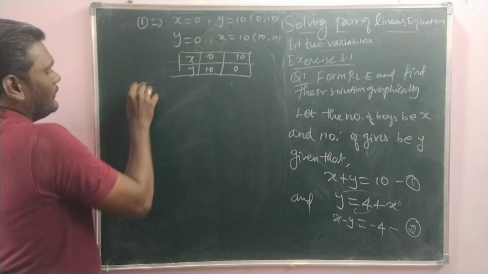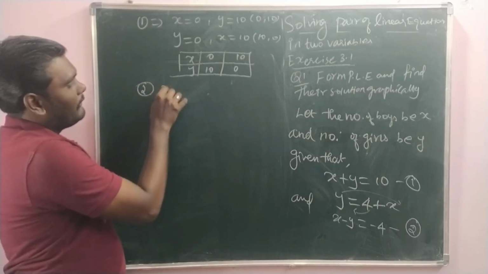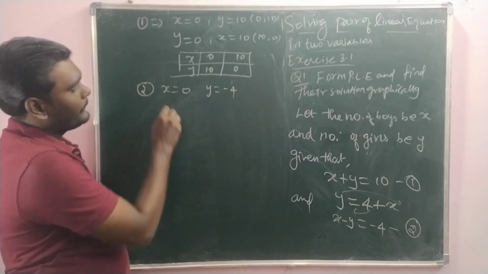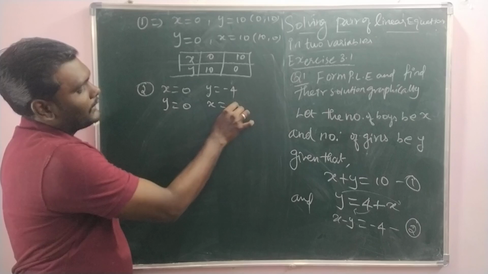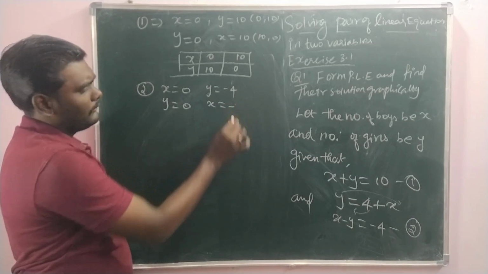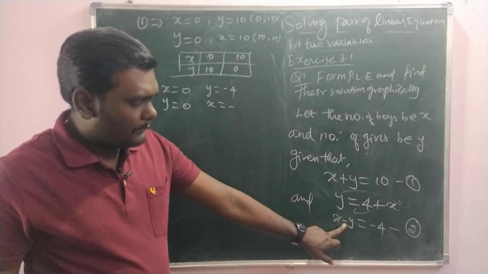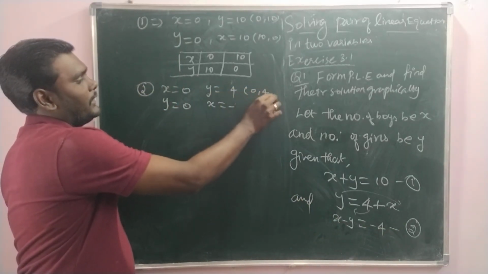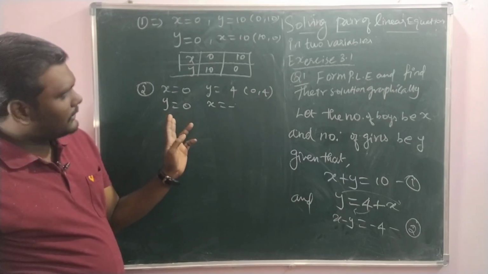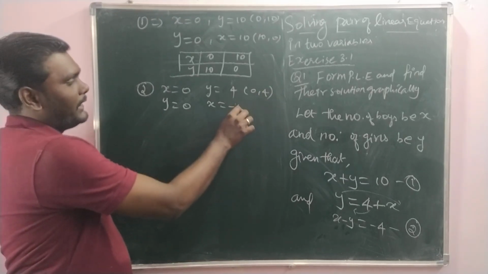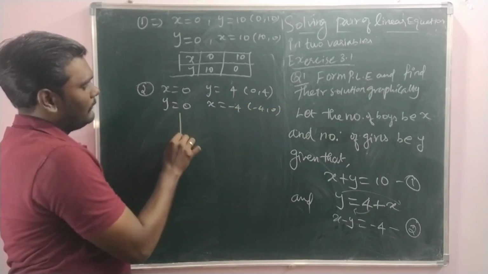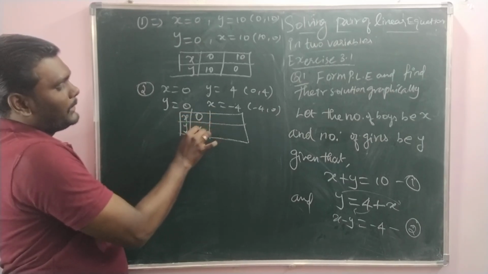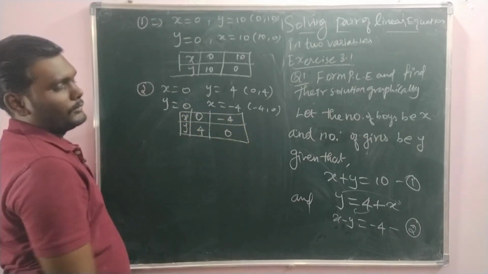Then in the second equation again we put x equals 0, then y equals negative 4, my bad, when x equals 0, minus y equals minus 4, so y is 4, the point is 0 comma 4. And when y equals 0, x is minus 4, so it is minus 4 comma 0. We'll put one box again like this: x, y. When x is 0, y is 4; when y is 0, x is negative 4.